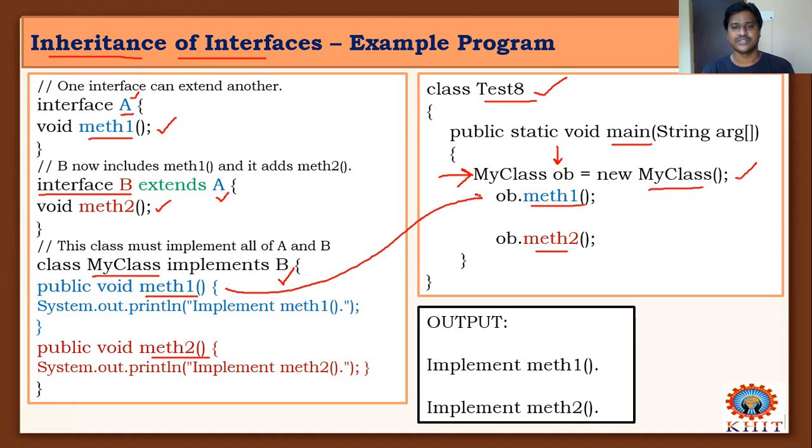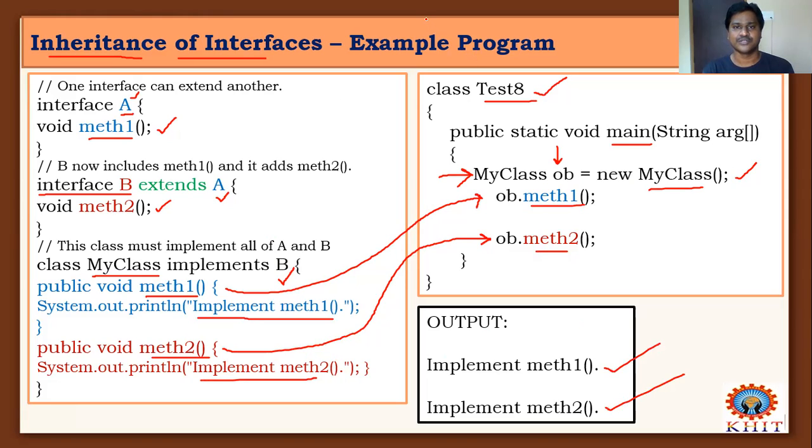So method 1 is invoked by this statement and method 2 is invoked by the next statement. And when these two methods are invoked and executed, the implementation of method 1 and method 2 prints "implement method 1" and "implement method 2". Both statements will be displayed on the output screen at the console.